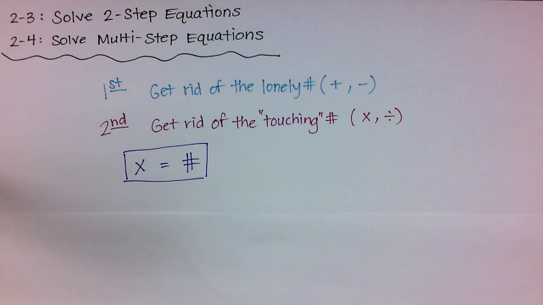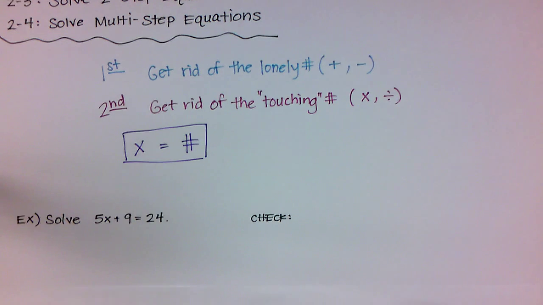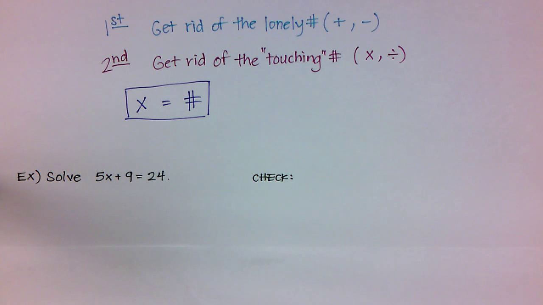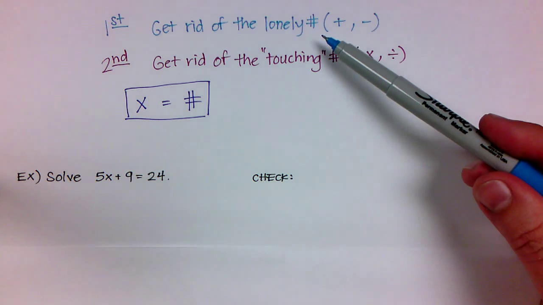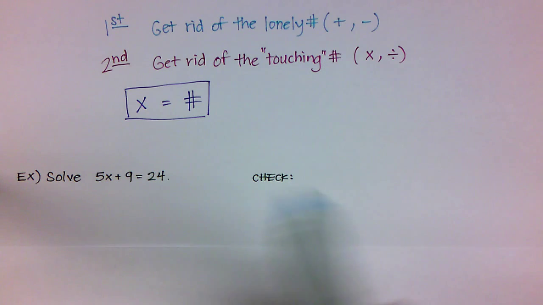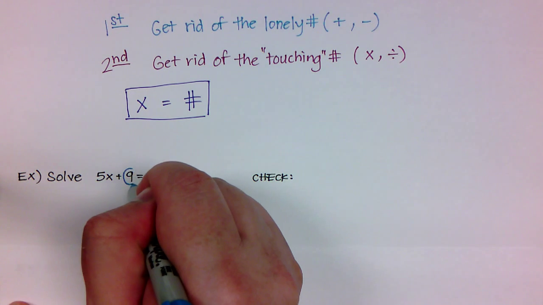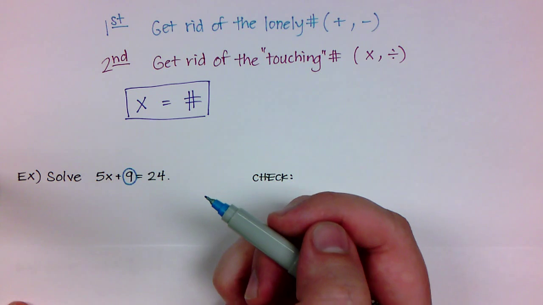So why don't we do a couple practice problems together? Our first equation says solve 5x plus 9 equal to 24. Okay, let me move that up a little bit. So following my steps at the top, first I'm going to get rid of the lonely number. The lonely number is 9. I'm adding 9. It's not touching the variable.